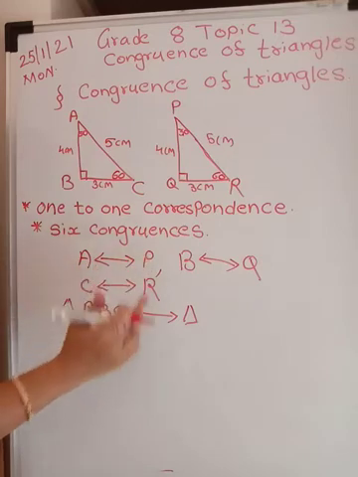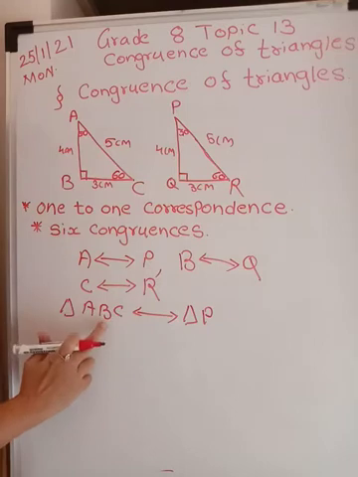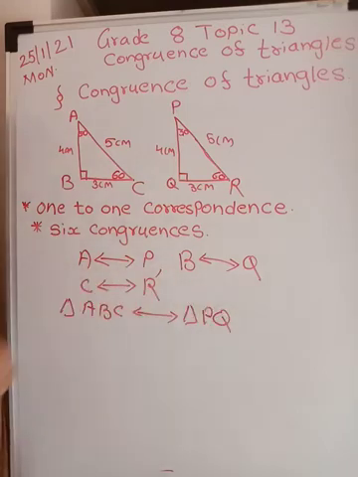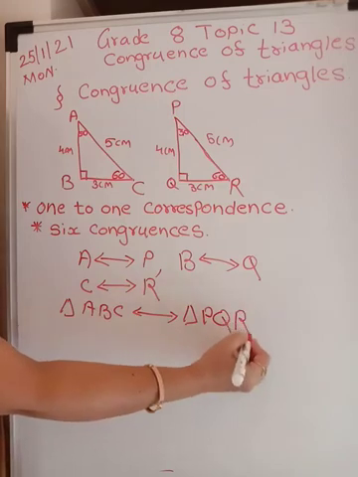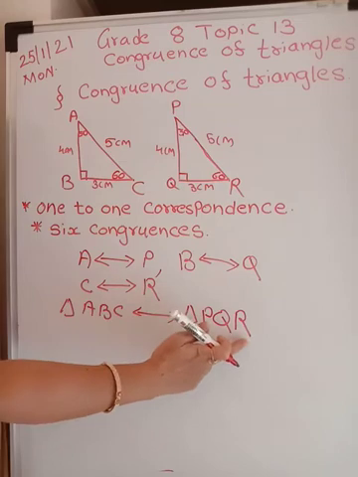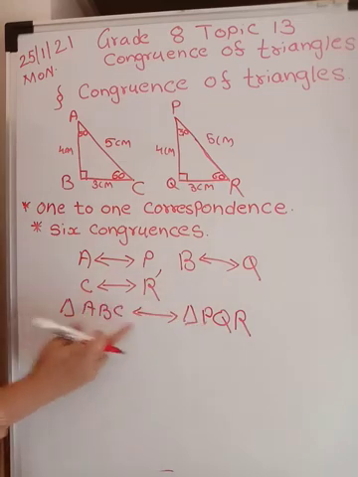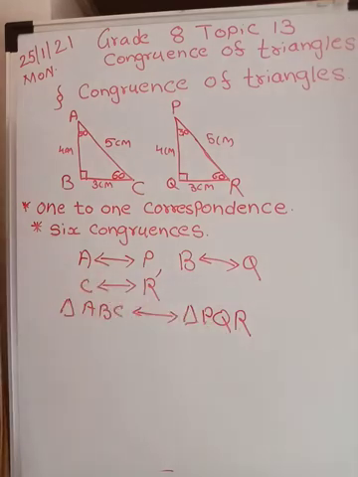A will go with P, so first will be P. B goes with Q, so second will be Q. C will go with R, so third will be R. So ABC has one-to-one correspondence with triangle PQR. It means A corresponds with P, B with Q and C with R.